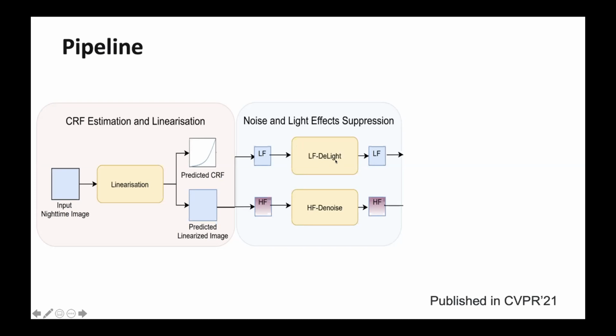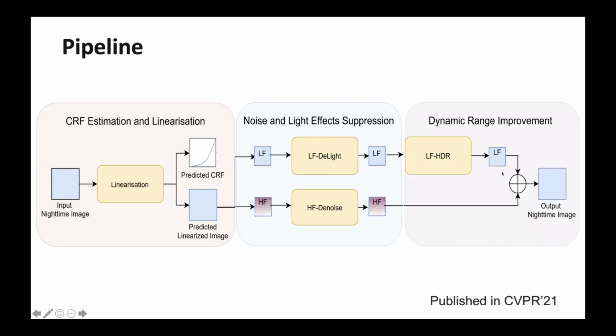So in the low frequency, what we do is some deglaring or deglowing, and at the same time we want to boost the intensity. After we remove the glow and the glare in this module, in the HDR, we boost the low frequency layer.